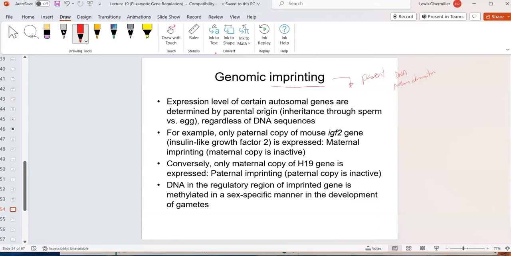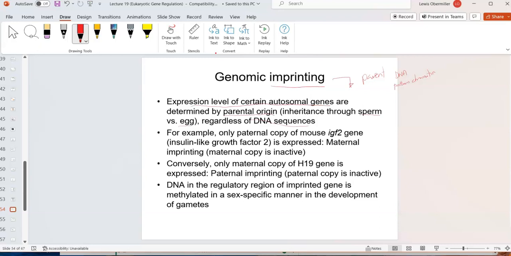So the expression of the genes is predetermined by the parental origin. So you could have paternal imprinting or maternal imprinting. This can be done through sperm, which would be paternal, or egg, which would be maternal. It doesn't matter what the DNA sequence is. Just like I said, if you have a sequence that codes for a brown pigment and it's turned off, you're not going to make a brown pigment. You will go to the default, which is blonde.